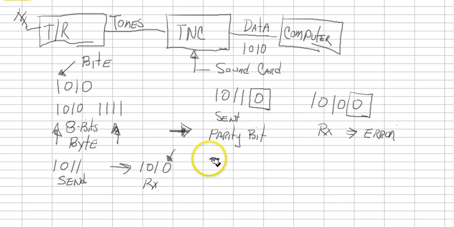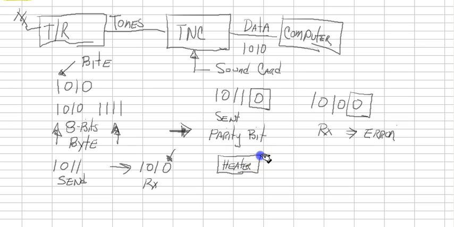We want to group our data together, and we're going to group it in such a way that the first thing we're going to send is what we call the header. That's simply the address.